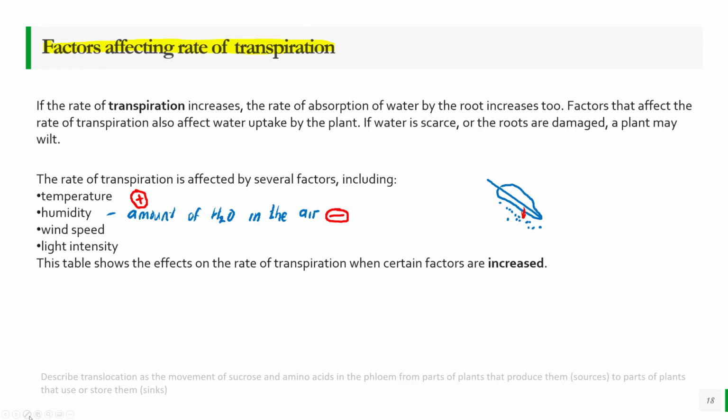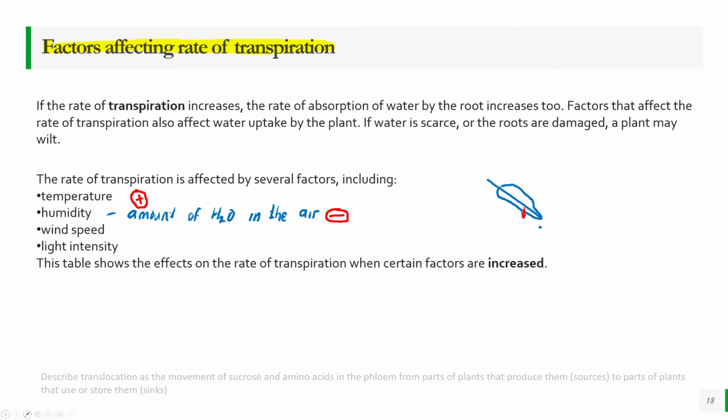So, what happens kalau ia makin banyak angin? Okay, what will happen is it is removing the water vapor. Okay, it will remove the water vapor. So, kalau semakin kurang water vapor around the leaf, that means it will be easier for the water to be diffused out. Okay, so makin senanglah diffusionnya.